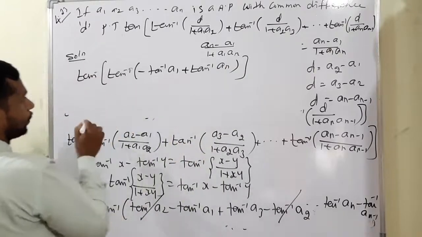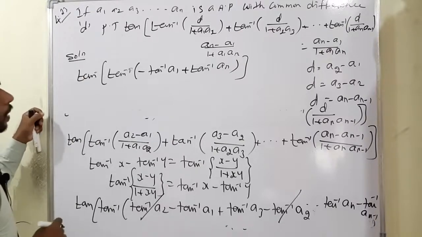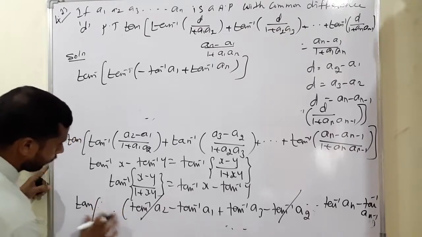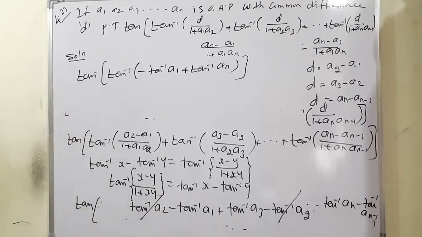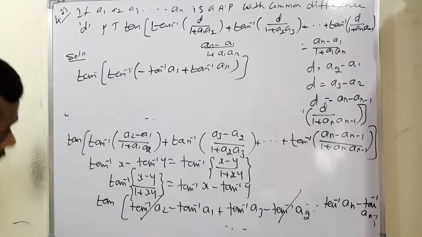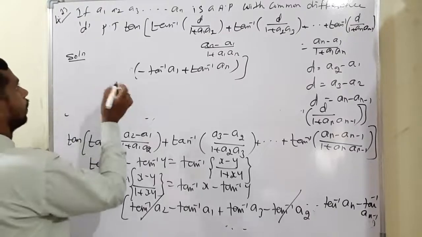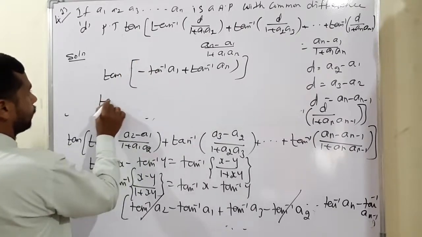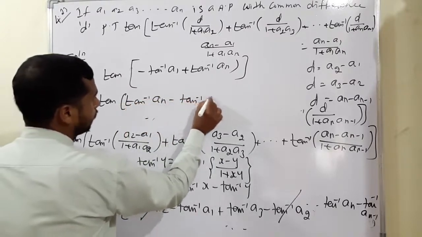This is starting with the positive, so tan inverse an minus tan inverse a1. This we already applied, no? Tan inverse of the bracket means tan inverse x.